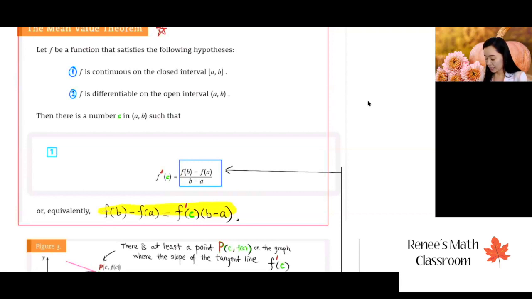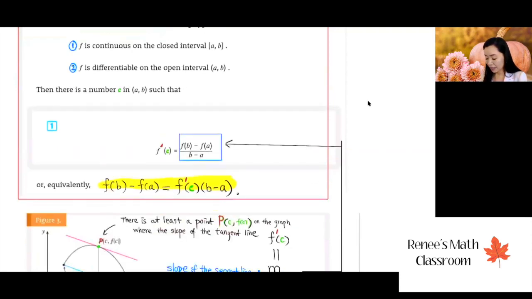When you have this, then we have this conclusion: there is a number c in (a, b) such that this is going to happen. Now you might wonder, what does it mean? I will try to help you understand this.